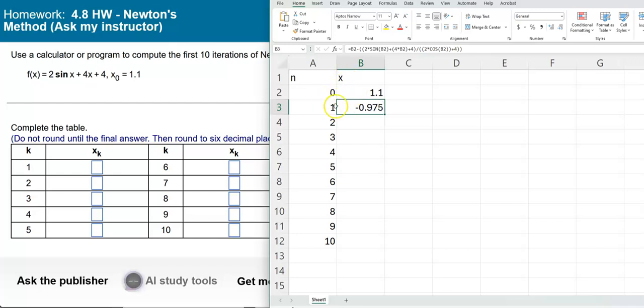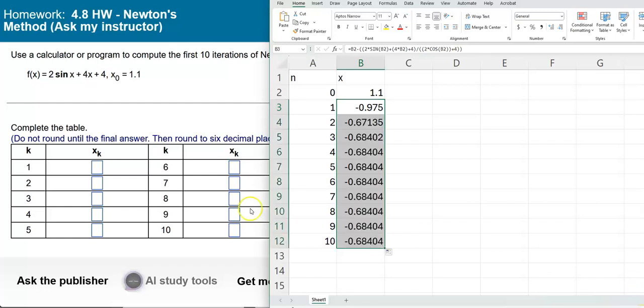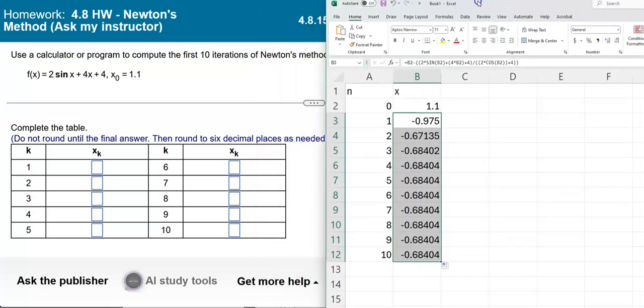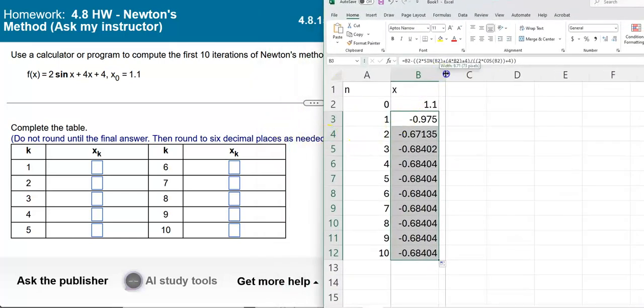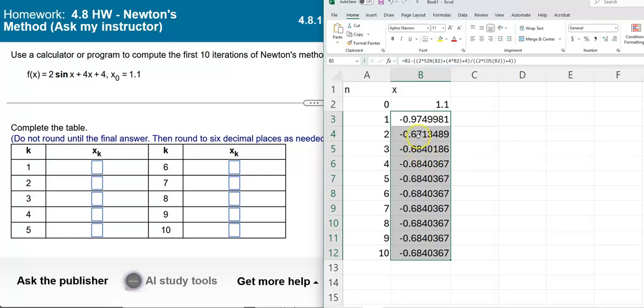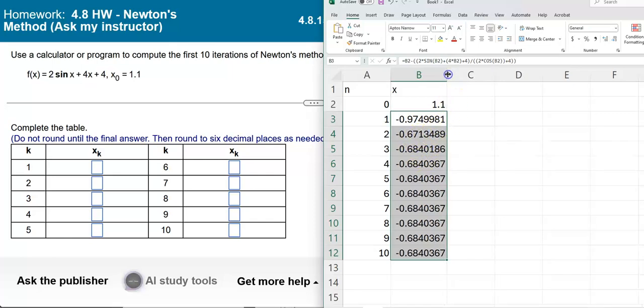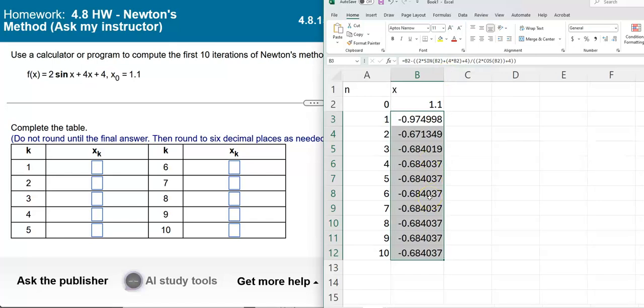So this is x sub 1. We want all the way to x sub 10, so I will drag it down. And that's it. They also want you to round the answer to 6 decimal places, so I'll add 1, 2, 3 more decimals. Not too much. One more. Yep, that should be the answer.